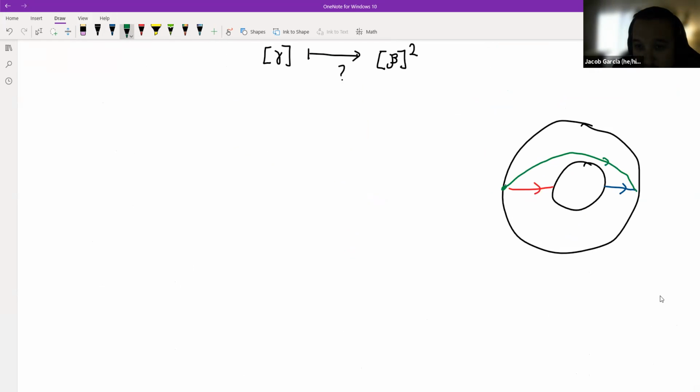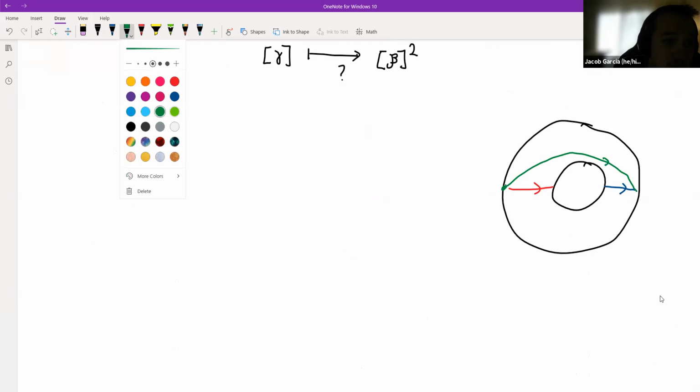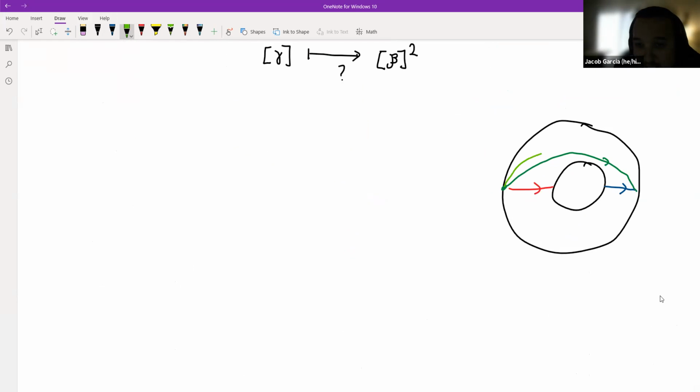Then I'm going to draw another copy of beta, in light green. If I identify these edges, I slowly move the second copy of beta closer and closer to the top, right? So I'm going to move it up, and then even closer.